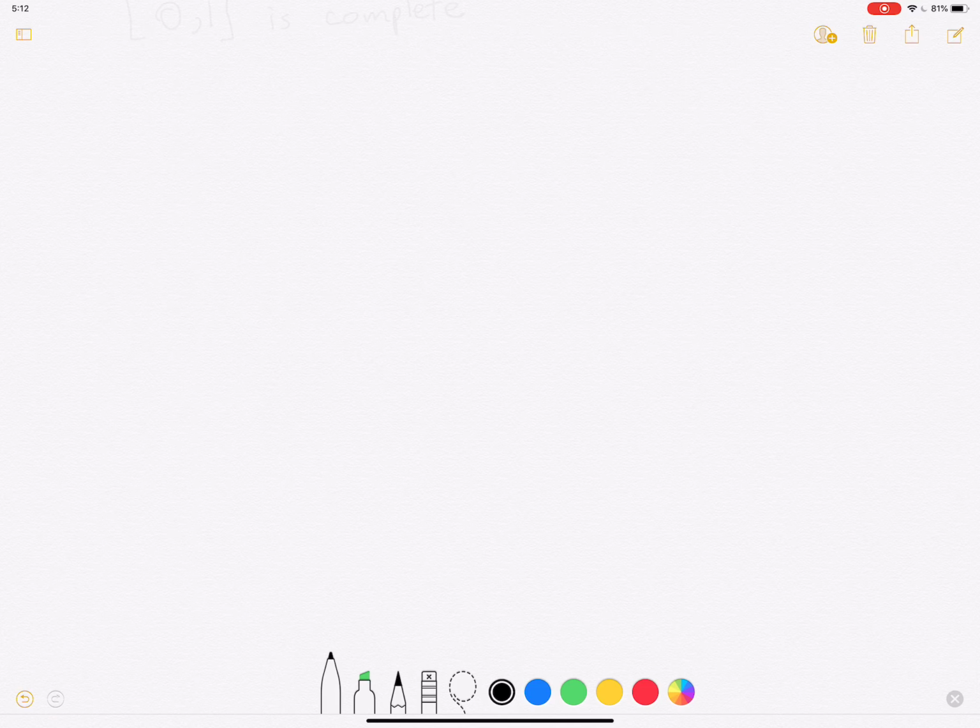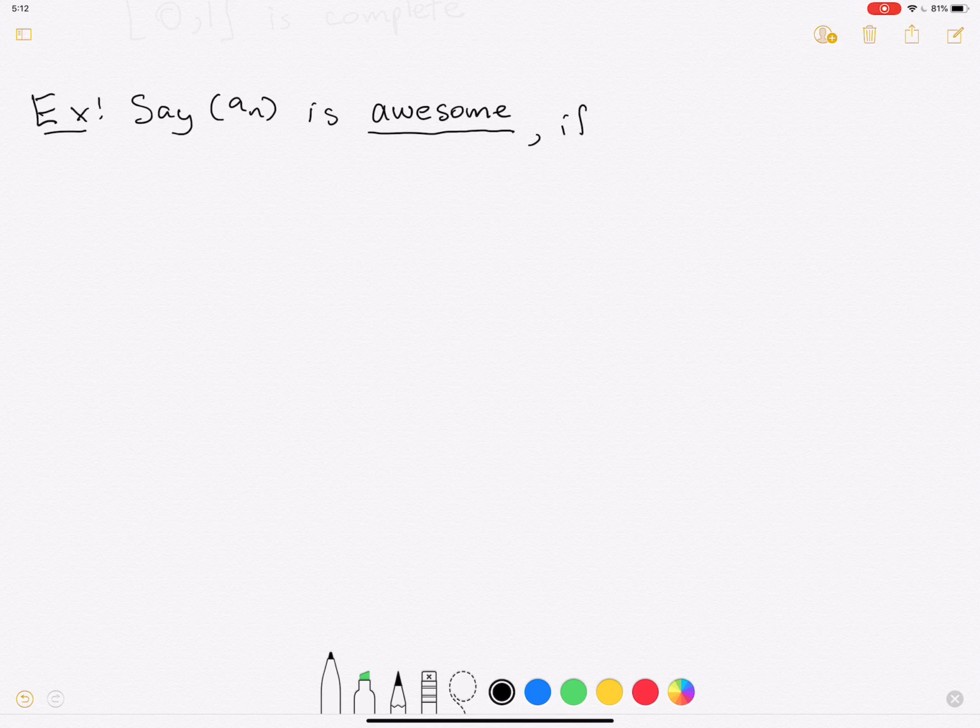As another example, say a_n is, this is going to be awesome. It's not really a mathematical term, but we're just going to invent this property.